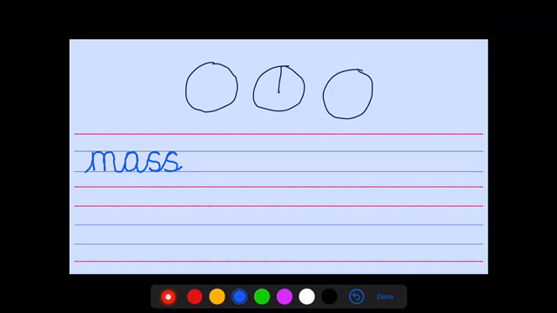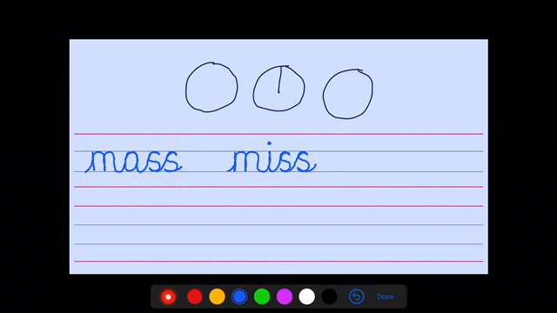We're not going to write it as a title with a capital. Miss. I can hear m, I need the letter m again. I can hear i. And I can hear s right at the end of my one tap word with a short vowel sound. Dot the i when I finished my letter.